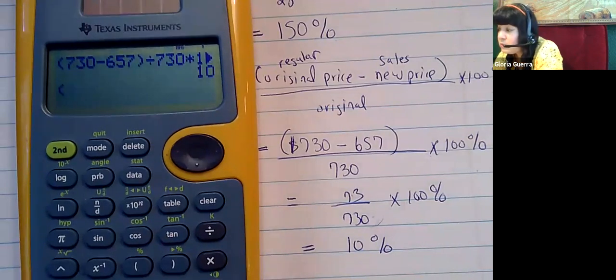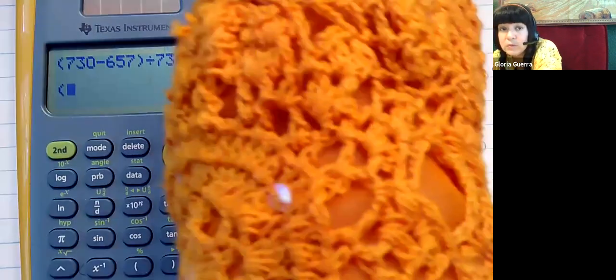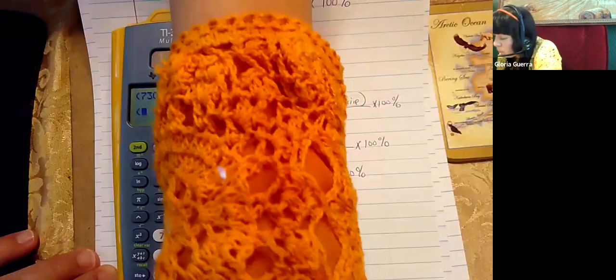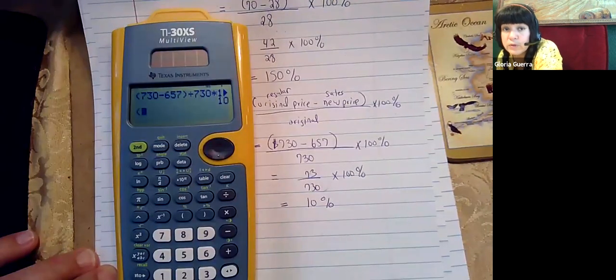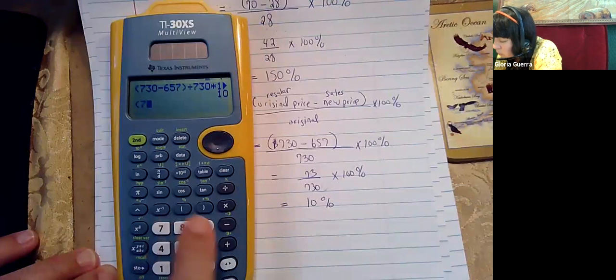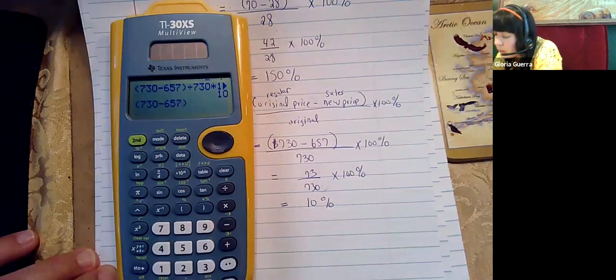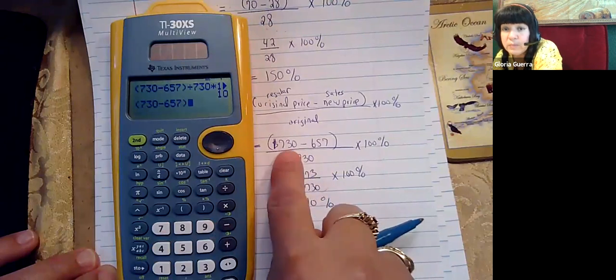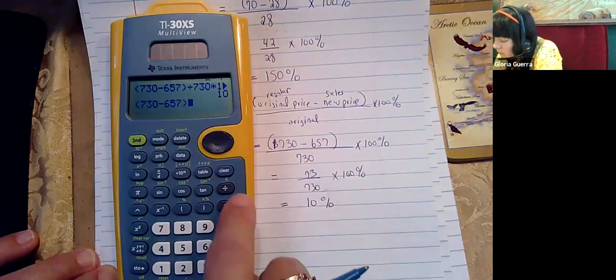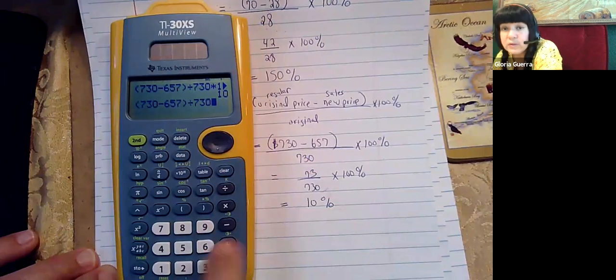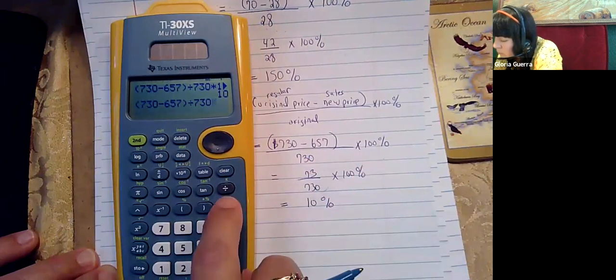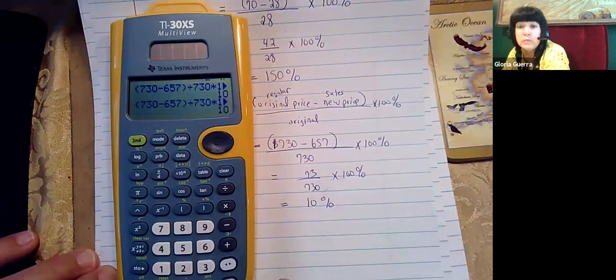So I did open parentheses, 730 minus 657, close parentheses, and then divide it by 730, and then times 100, and I get 10, okay?